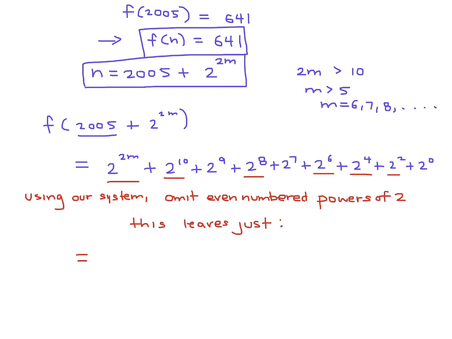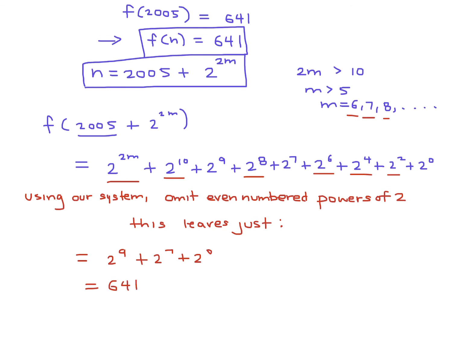We would also get rid of that one because that is an even numbered power of 2 for any m that is 6, 7, 8, or greater. So all we would be left with is 2 to the power of 9 plus 2 to the power of 7 plus 2 to the power of 0, which is 641.